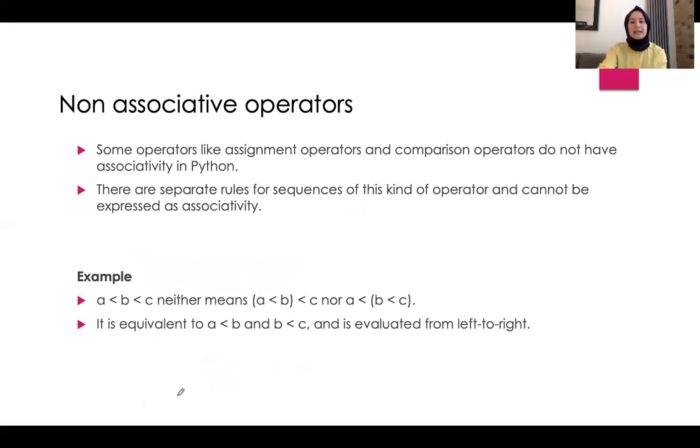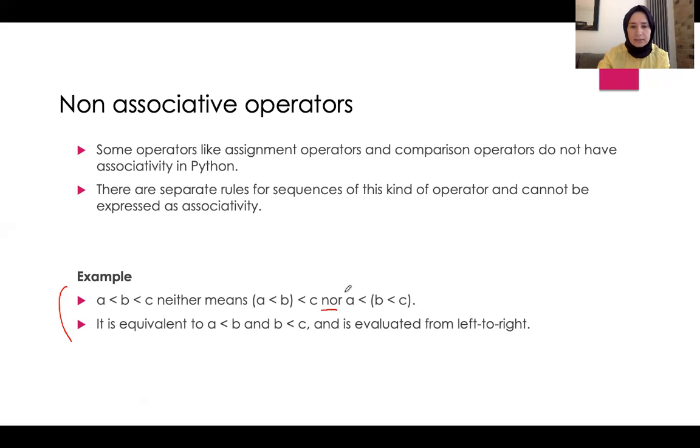Some operators, like assignment operators and comparison operators, don't have associativity in Python. There are separate rules for sequences of this kind of operators, and they cannot be expressed as associativity. Let's look at these examples. We have A less than B, B less than C. This means neither (A less than B) less than C, nor A less than (B less than C).